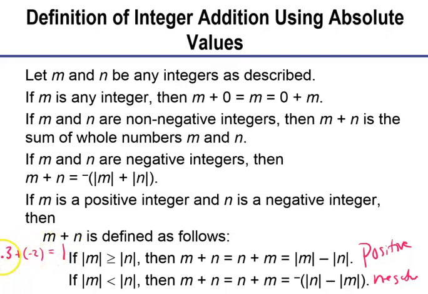Since the larger one is positive, my answer is positive. On the other hand, if I have negative 5 plus 2, notice they're opposite signs, so we still subtract and get 3. But the larger of the two absolute values is 5, and that's negative. Therefore, my answer is negative.